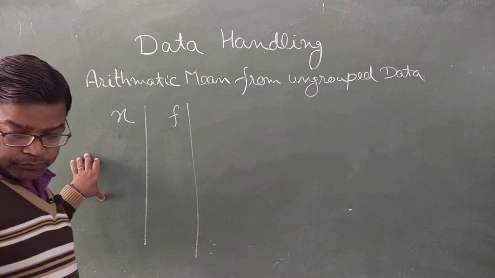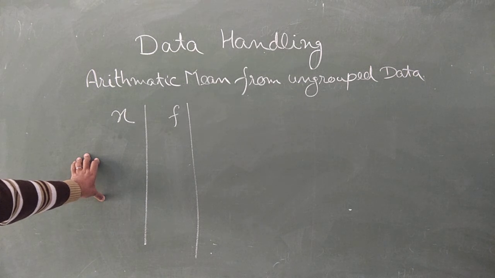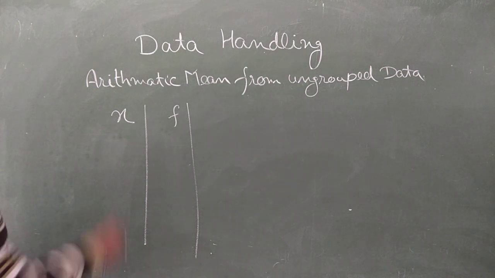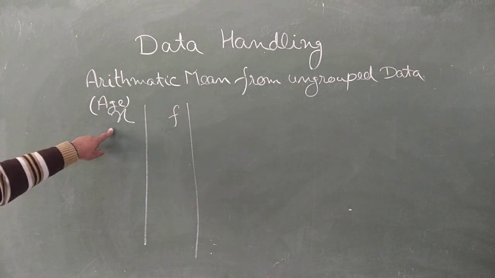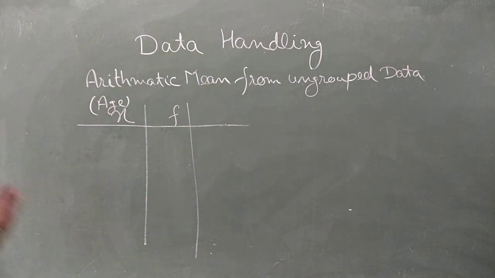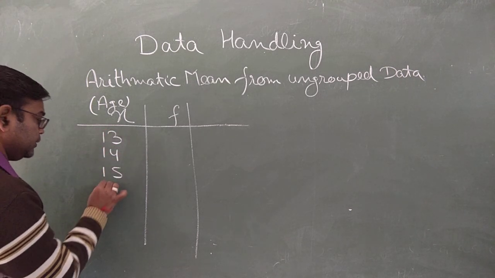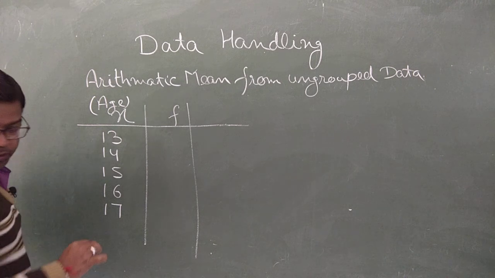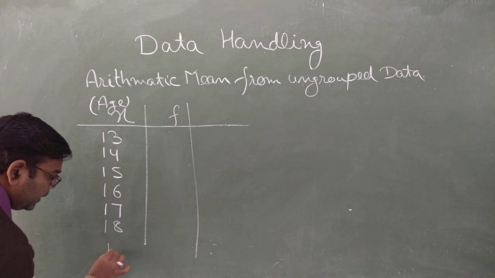For example, in place of x we can write the ages of some persons. Clear? That is your x. Suppose ages are 13, 14, 15, 16, 17, 18 and 19. These are the ages of some students.